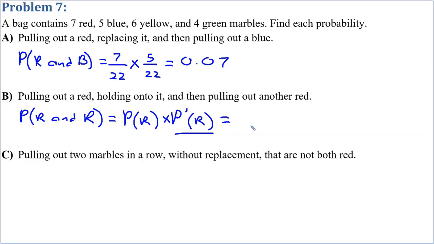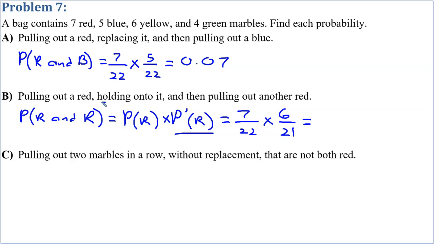Okay, so for the first red will be the same, just 7 over 22. And now the chances I get that second red, since I'm holding on to one of the reds, there'll be 1 less red, so that'll be 6 out of, I'm holding on to one of the marbles, 21. Okay, so there's an example of adjusting our probabilities based on them being dependent on each other.